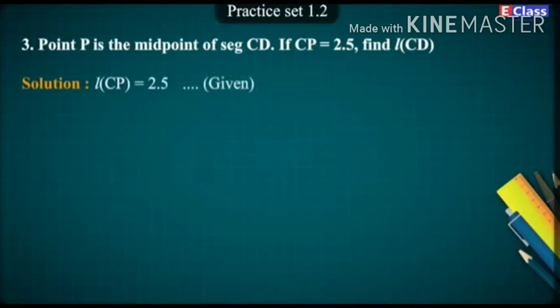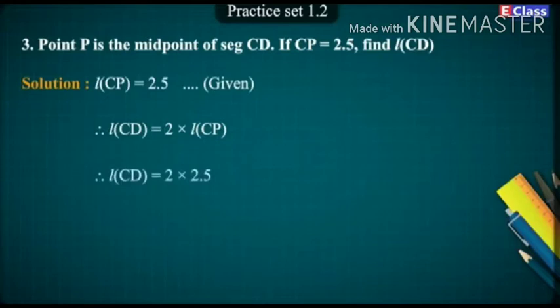Therefore, length of CD is equal to 2 multiplied by length of CP, since P is a midpoint of segment CD. Therefore, length of CD is equal to 2 multiplied by 2.5. Answer: length of CD is equal to 5.